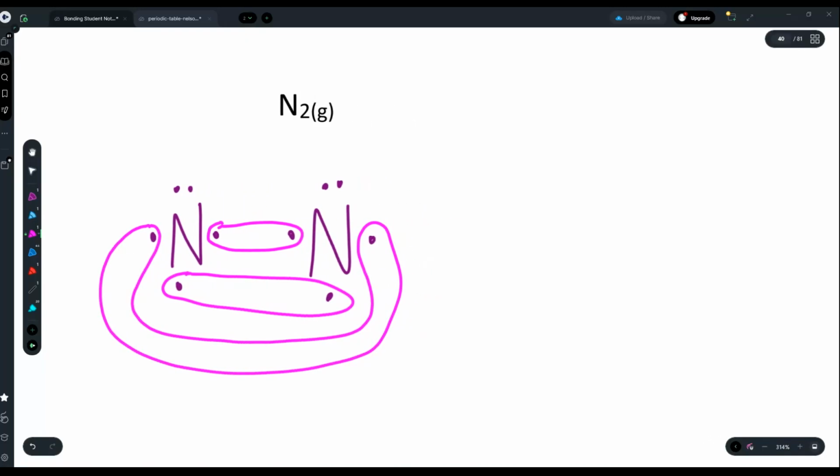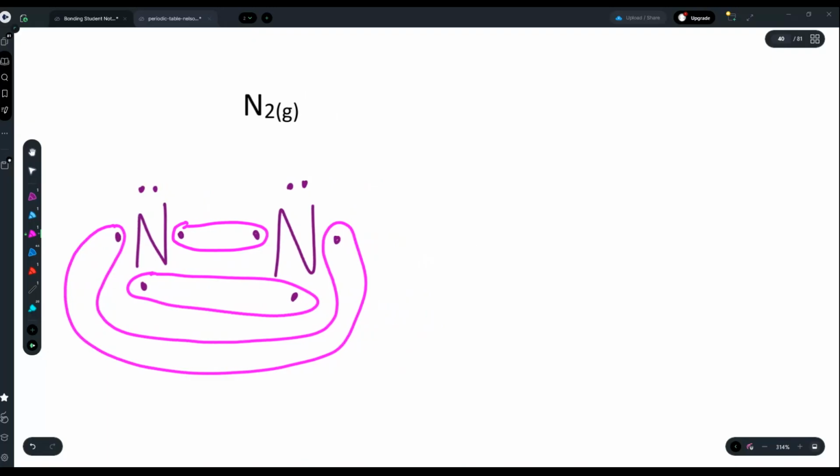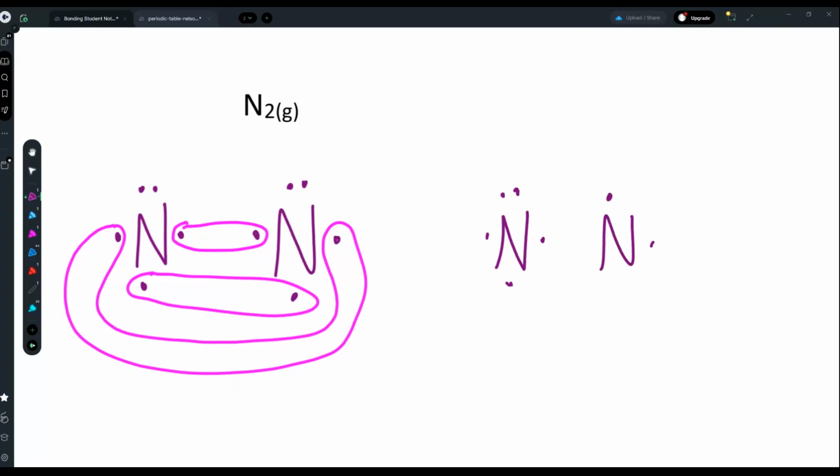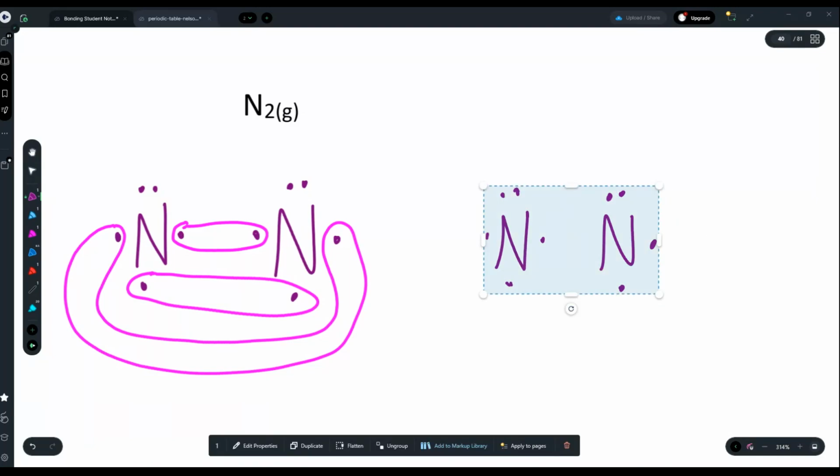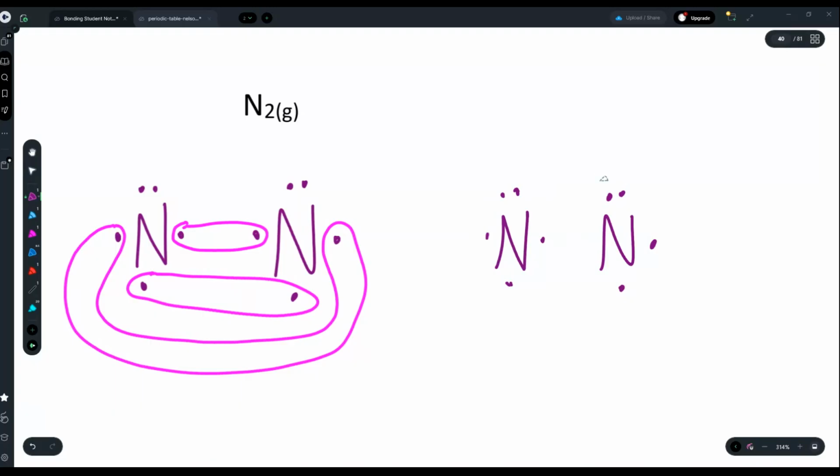Okay, if you wanted to represent this diagram without drawing the circles, what you could do is you could go like this. Okay, so if you're saying, I would like to pair up these 2 electrons, we could move them to the center. So I'm going to scooch this a little bit closer.